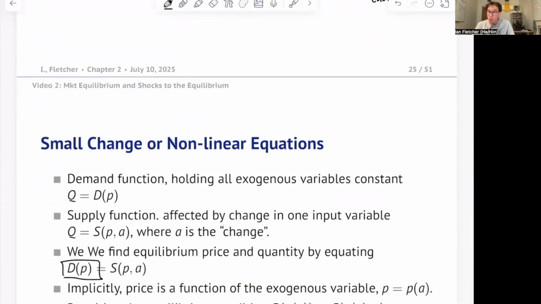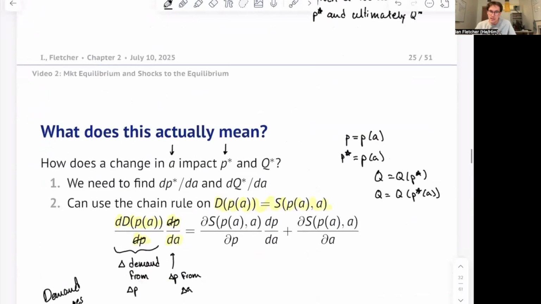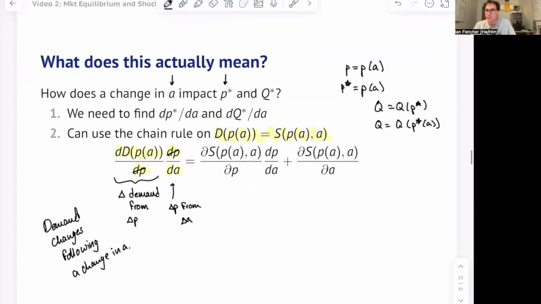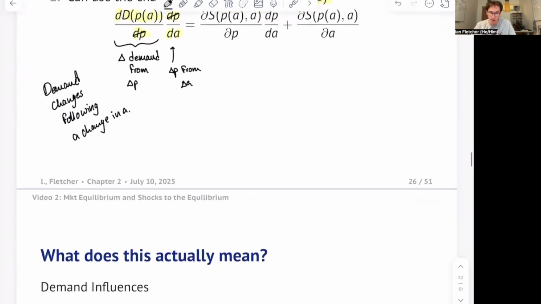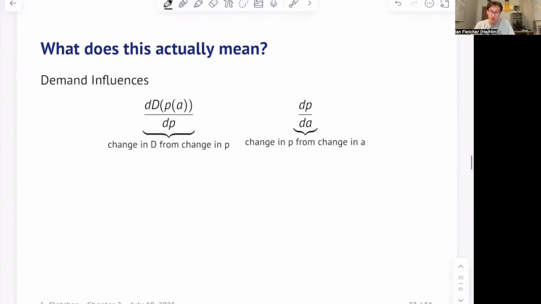A only showed up in our supply function, but it still impacts these equilibrium demands and equilibrium supplies. So for our demand influences, this is our change in demand following a change in P, multiplied by our change in price from a change in A.